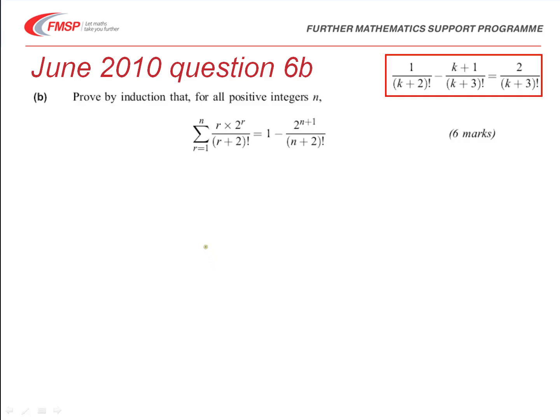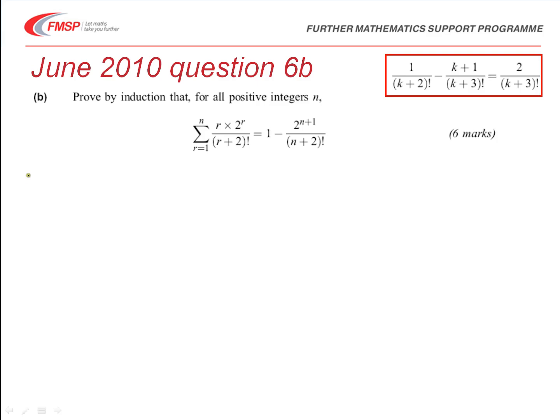Into the next part then, we're into the proof by induction. You remember proof by induction comes in two parts. The first part is where you put in the first value of n to show that the starting value of this statement is true.